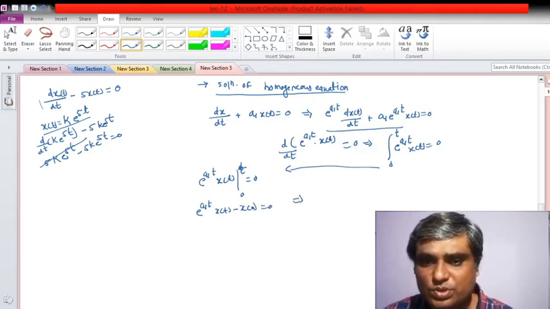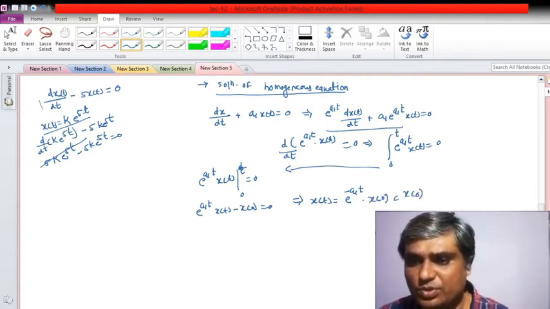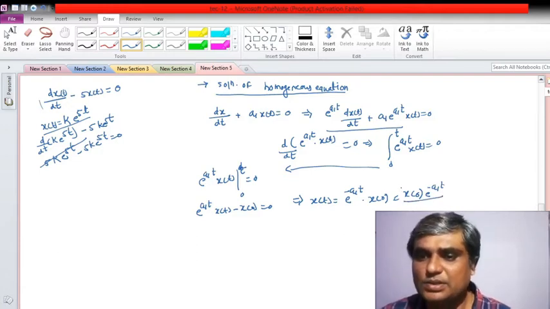So your solution x of t will be e raised to minus a1t into x of 0, or you can write some constant x of 0 into e raised to minus a1t.